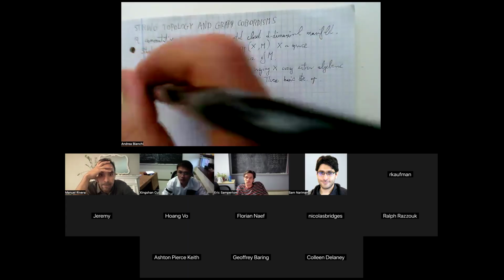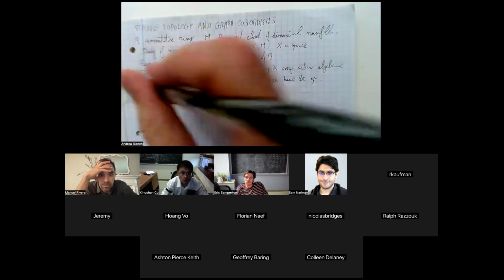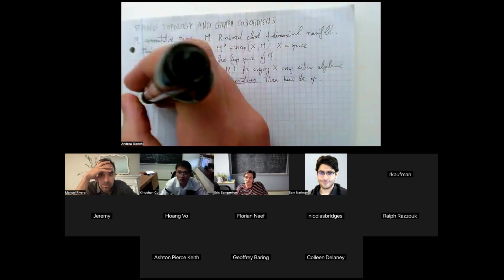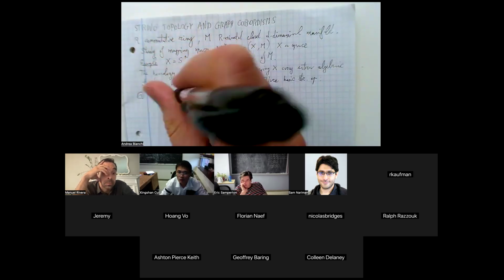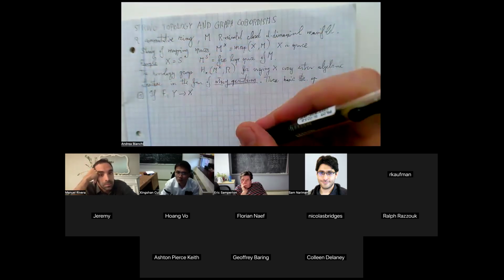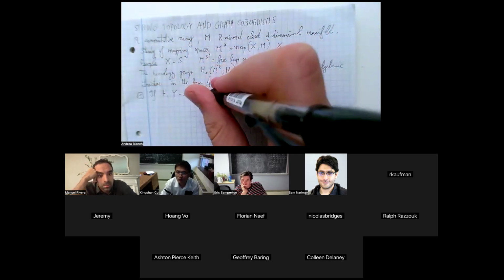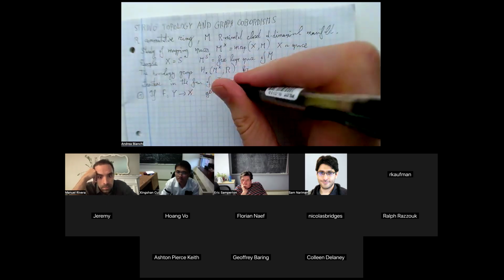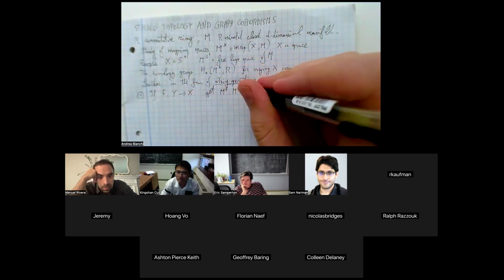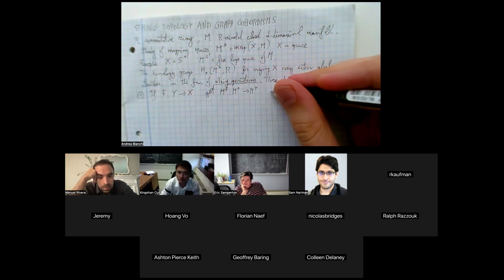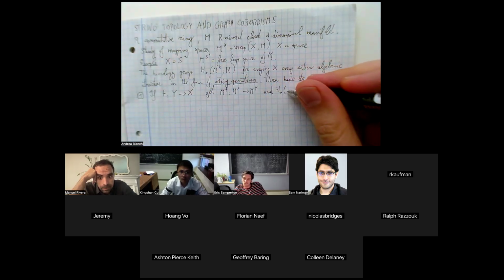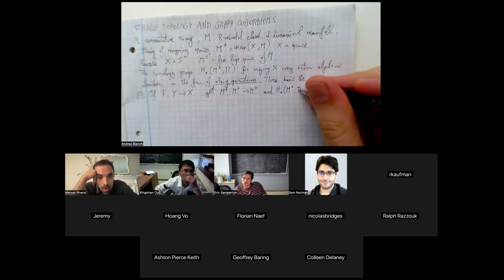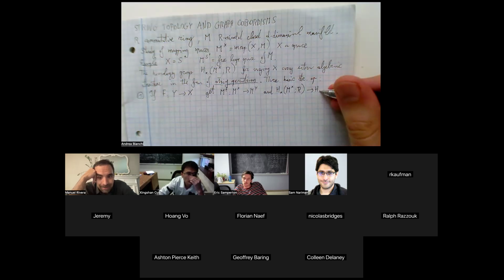So the first one comes from naturality of taking mapping spaces in X. So if F is a continuous map from Y to X, then we get a continuous map M to the F from M to the X to M to the Y, and an induced map in homology. This is really no surprise, I suppose, but let me write it down.